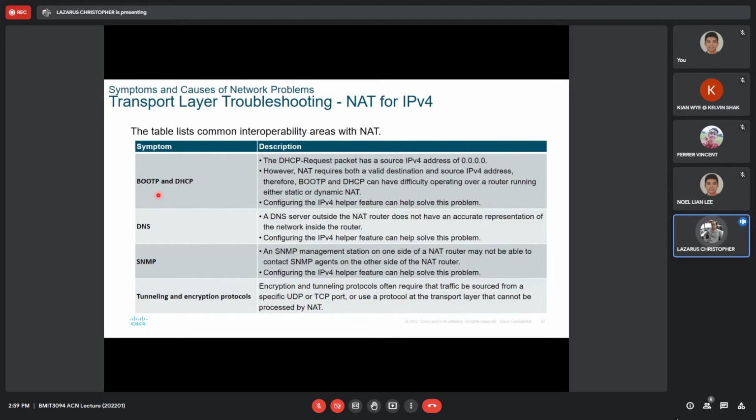But this is legacy now. Most computers now use DHCP. DHCP has trouble operating over a router which uses static or dynamic NAT, because the NAT is already at the router. The NAT maps between private addresses and the global addresses.